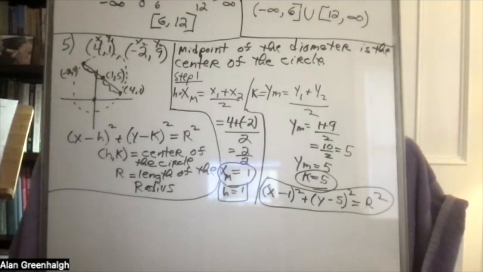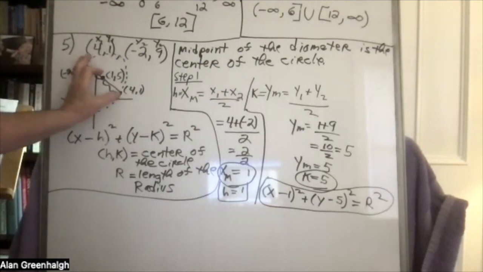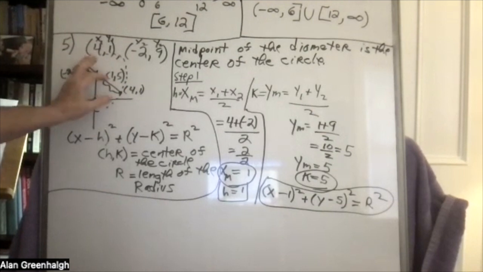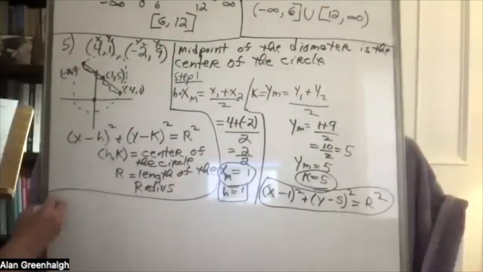I'm going to find the length of this radius, not that one. You could use either one. I'm choosing that one. So you're going to use the distance formula.